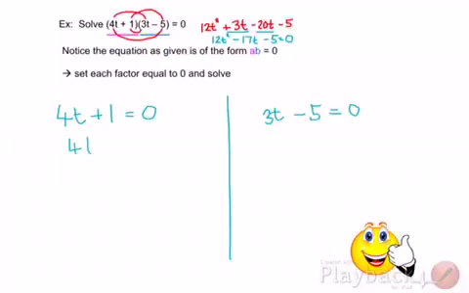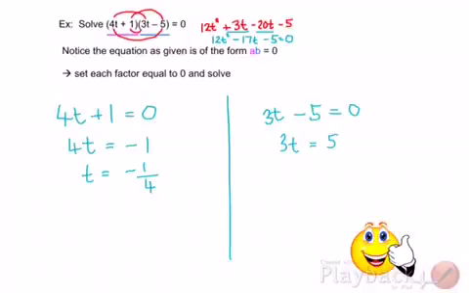So if 4t plus 1 is equal to 0, when I bring over my plus 1, it becomes a negative 1. So 4t is equal to negative 1, and two things close together means times, so 4 times t is equal to negative 1. When I bring the times across, it becomes divide, so t is equal to negative 1 divided by 4. And if I solve my other solution over here, I get 3t is equal to, when I bring my negative 5 over, it becomes plus 5.